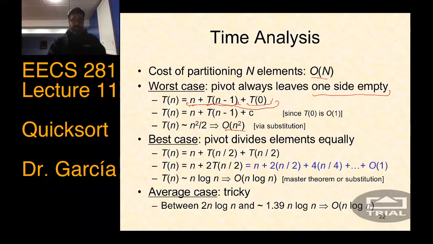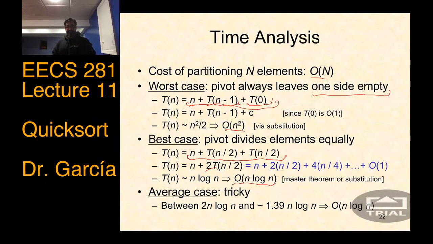In that case, what we have in terms of a recurrence relation is n, which is what you would spend on actually doing the partitioning, plus T of n divided by 2, because again, we're assuming that it does roughly divide the array in half, and another T of n divided by 2, right? So you have 2 times T of n divided by 2, and if you use the master theorem there, that actually gets you n log n.